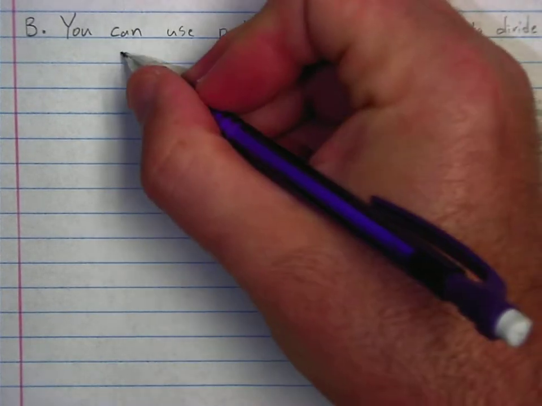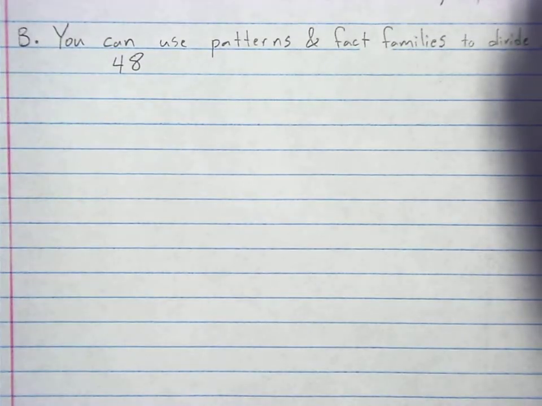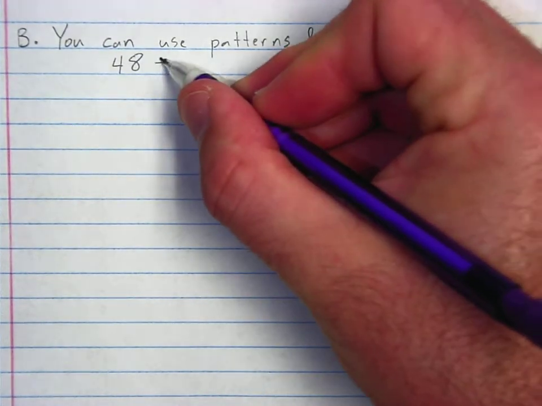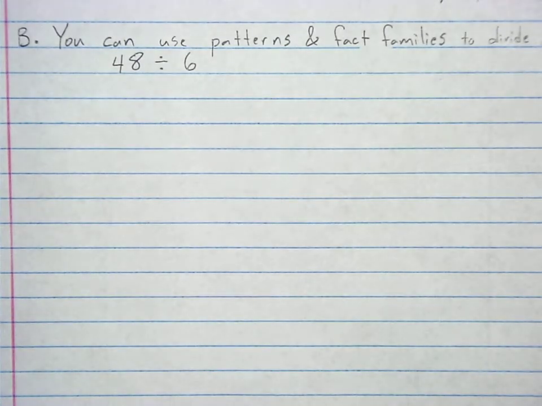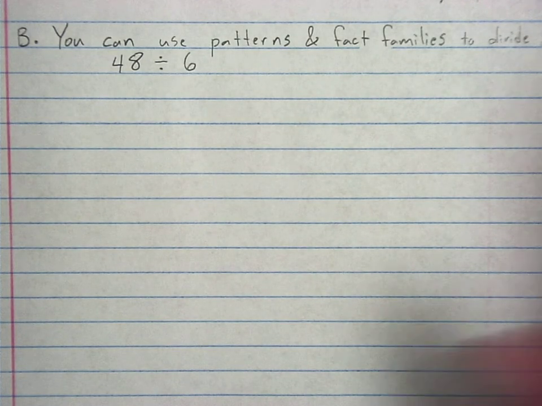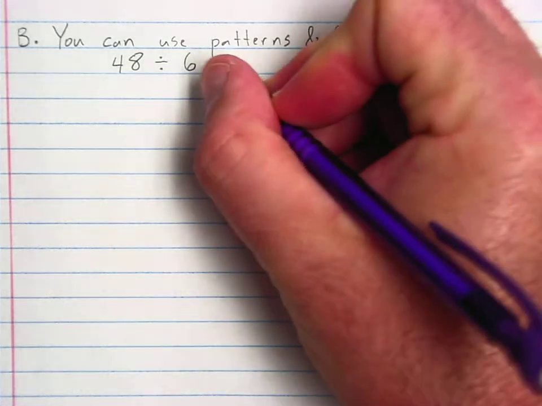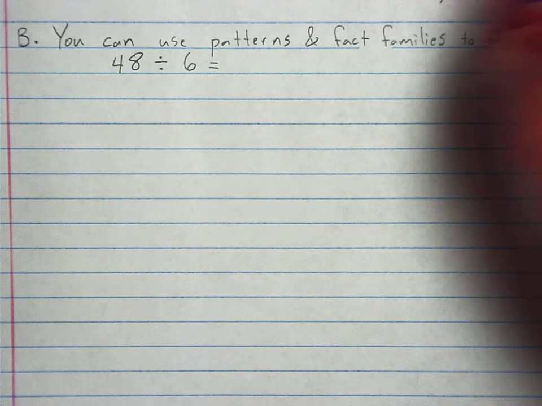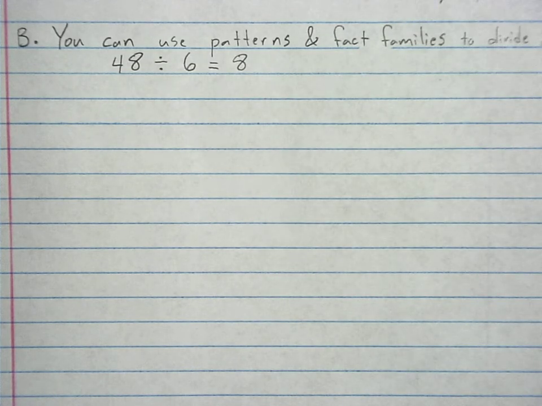Let's start with something that hopefully you're familiar with. 48 divided by 6. Sorry, the light quality keeps changing. I'm trying to make sure it focuses properly. 48 divided by 6. While I was playing with the lighting, hopefully you recognized that that would be 8. Okay.